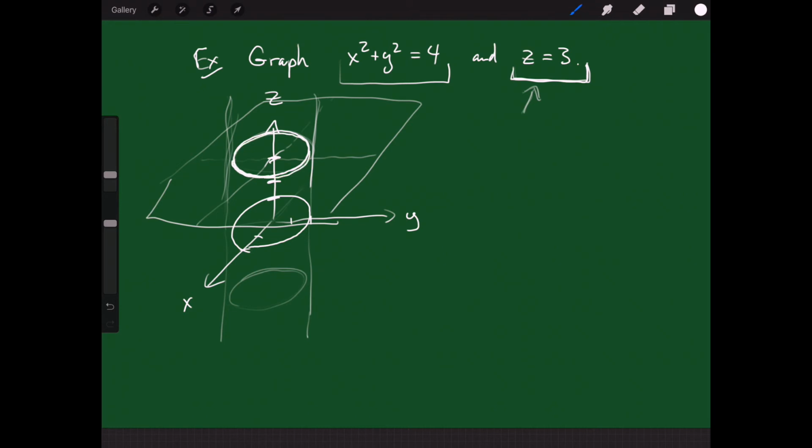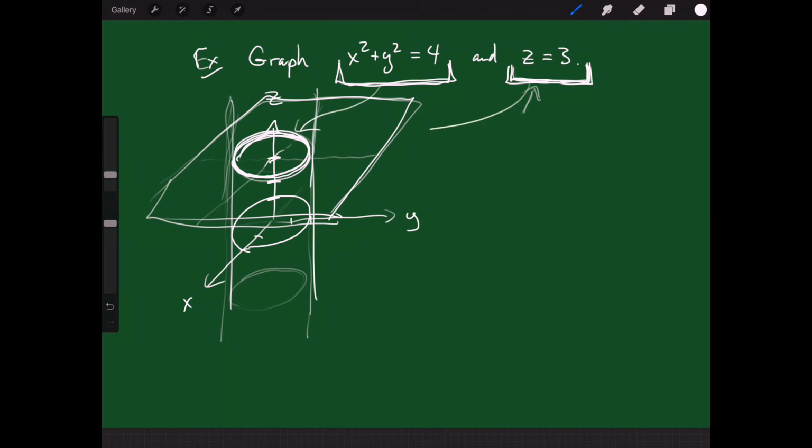And that circle is the intersection of this infinite cylinder and this two-dimensional plane. So intersecting this cylinder that goes on infinitely far with this plane gives me this nice circle that's raised 3 above the xy plane. Okay, so intersecting those two equations gives me this circle. And you get the idea.